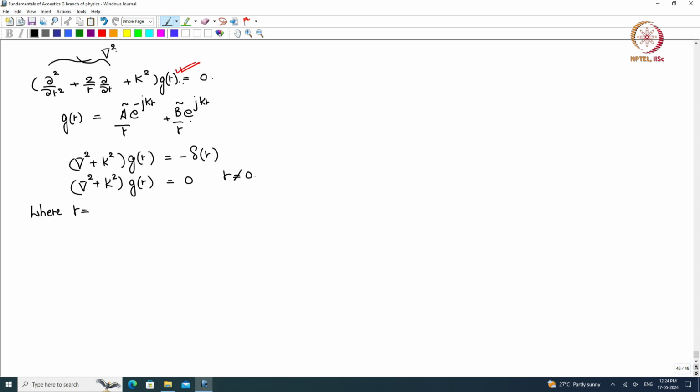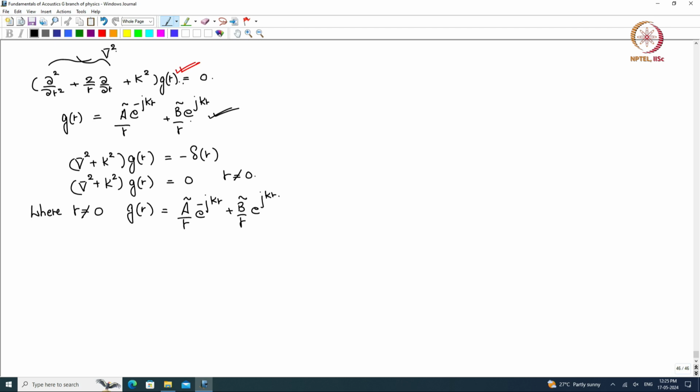That means where the impulse is not there, the solution is this, I am just repeating, A tilde over r e to the power of minus jkr plus B tilde over r e to the power of jkr.